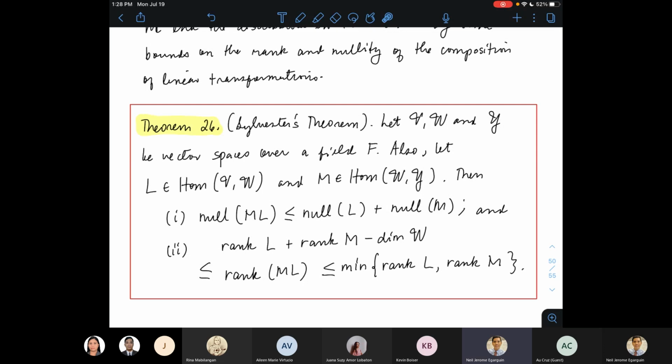But I'm not yet sure if we'll be able to see Sylvester's theorem in action, depending on how far we can go with our numerical linear algebra portion. But for now, let's just state Sylvester's theorem, and then let's see if we can use it for future problems. Okay. But for now, I don't think you're going to use Theorem 26 in any of the homework problems.